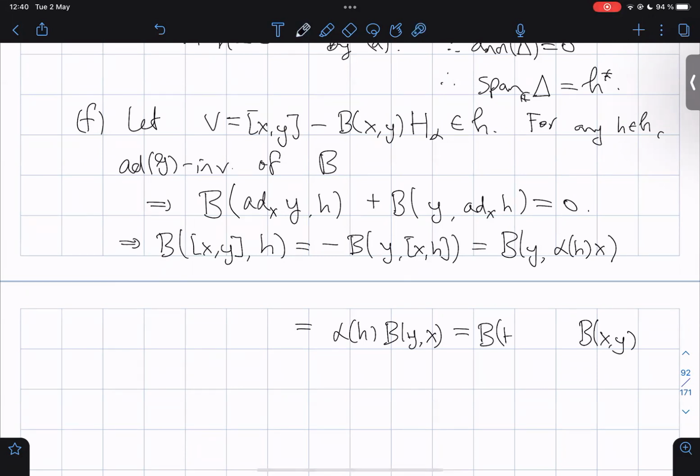I could rewrite it in terms of the Killing form, in terms of the corresponding vector H alpha. Remember, H alpha is the corresponding vector under this musical isomorphism, because you have this nice non-degenerate pairing B. But this is just a number. So now I'm going to shove it back in.